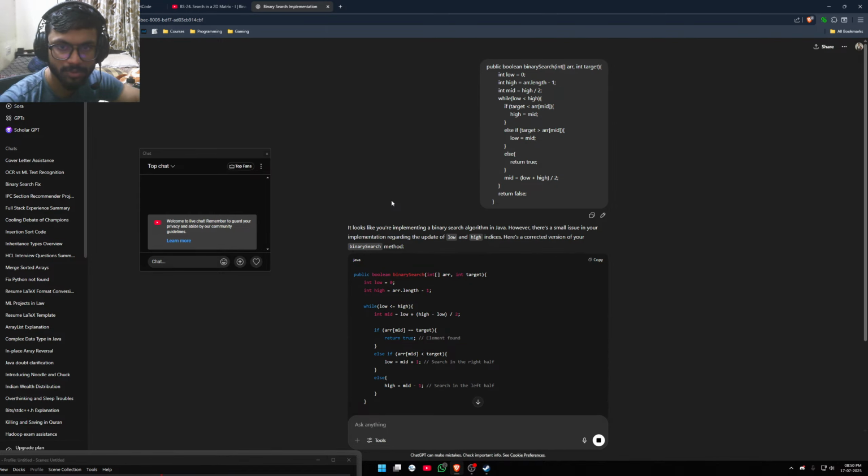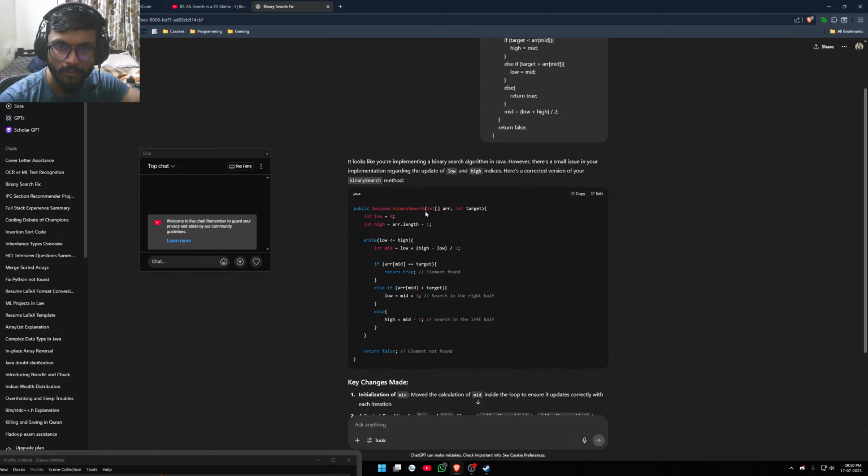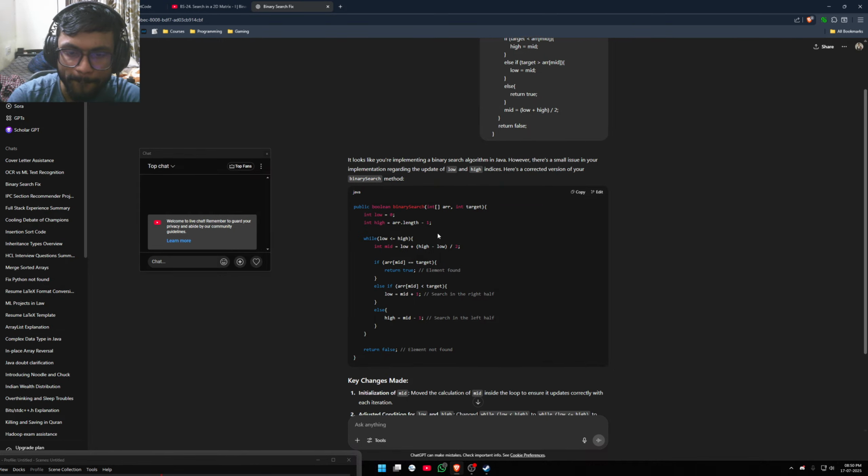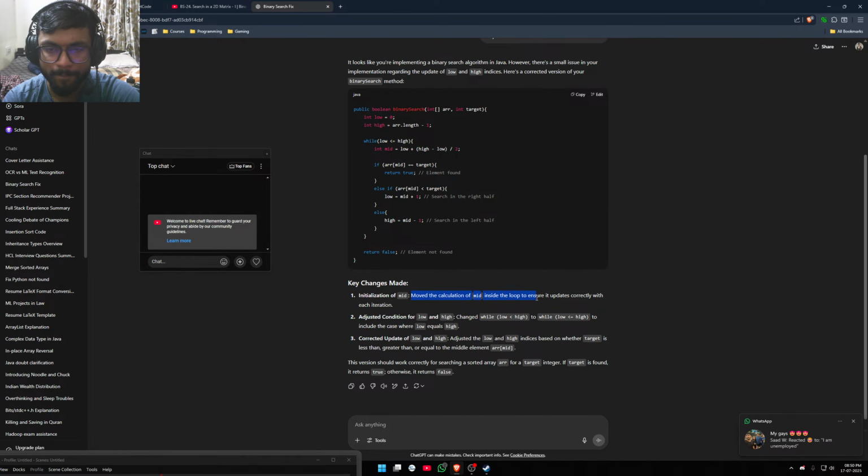There's a corrected version. Okay. Move the calculation of mid inside the loop to ensure it updates correctly in each iteration. So what have they changed?